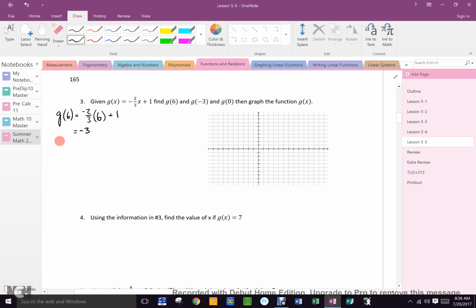Other way around. 6, -3. And I put that on the graph. Where is 6, -3? Out to the right 1, 2, 3, 4, 5, 6, and down 1, 2, 3. Is everybody good with that one?